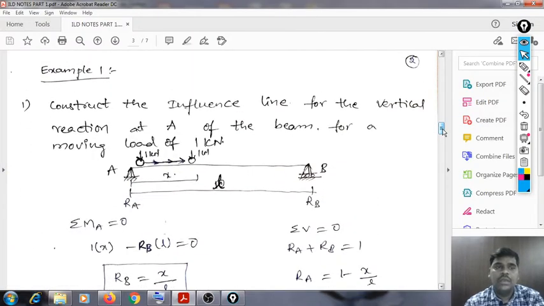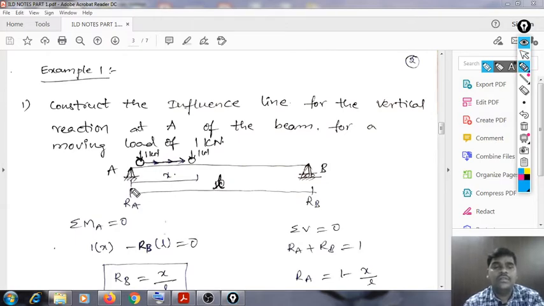Yes, so coming to example one, the question is: construct the influence line for the vertical reaction at A of the beam for a moving load of 1 kilonewton. If you observe, a simply supported beam is given here.